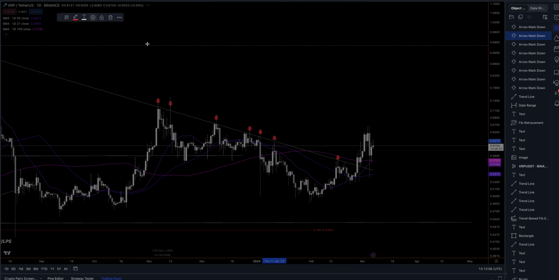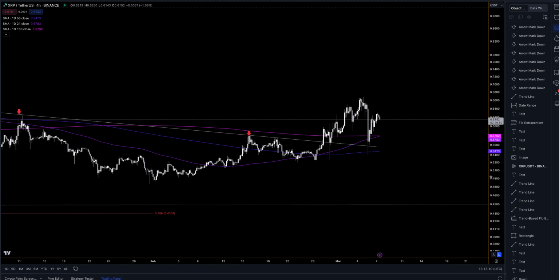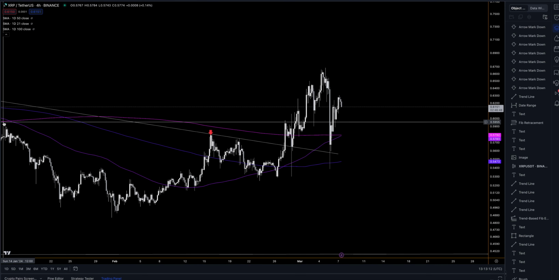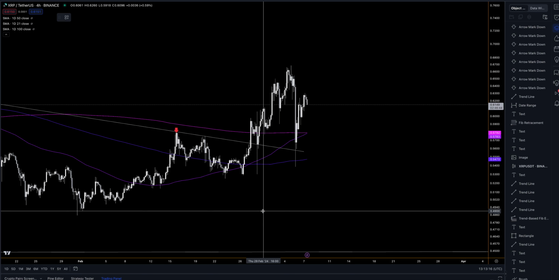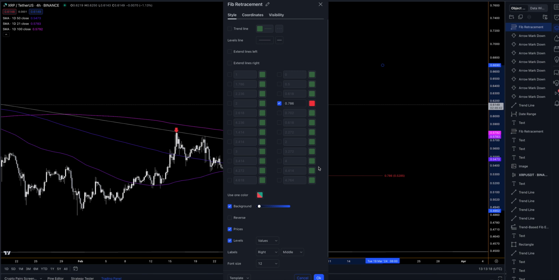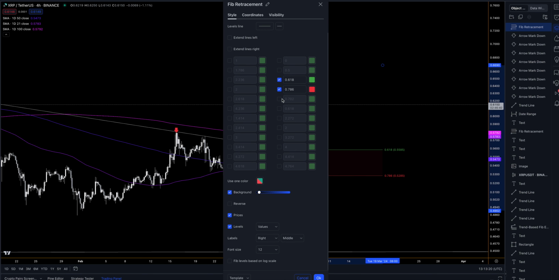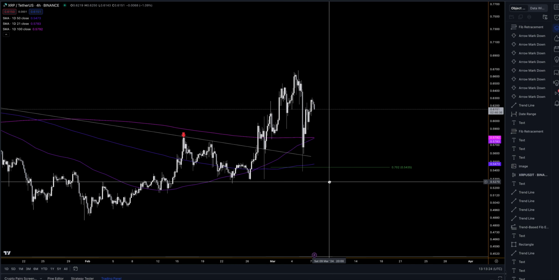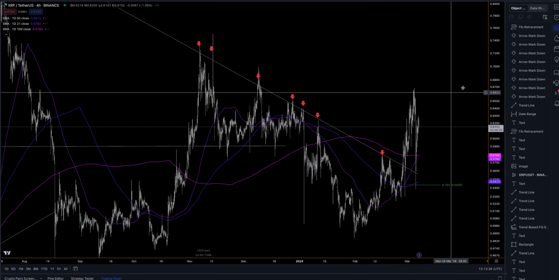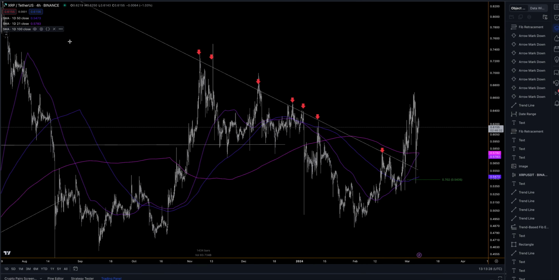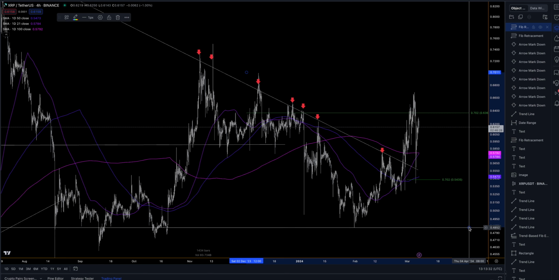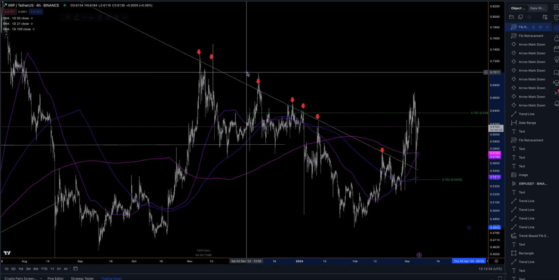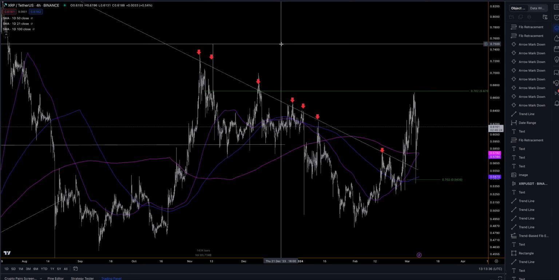Now, when we go on the 4-hour time frame, what do we see over here? We see that we have hit the 70.2% fib right over here after rejecting off of the 702.